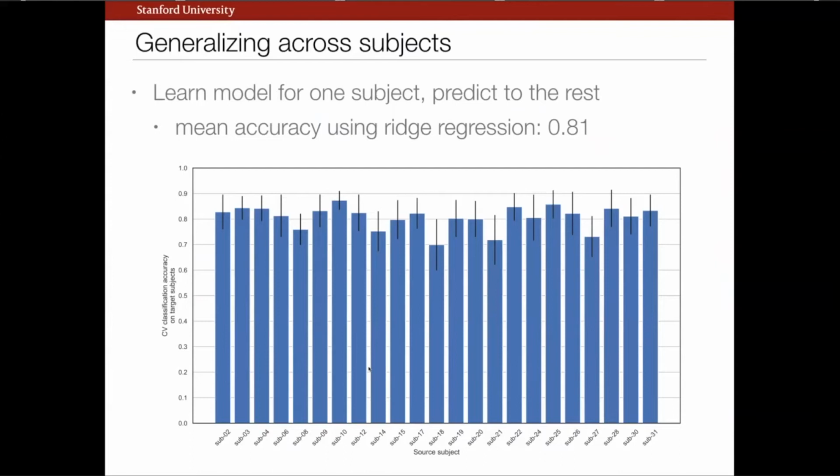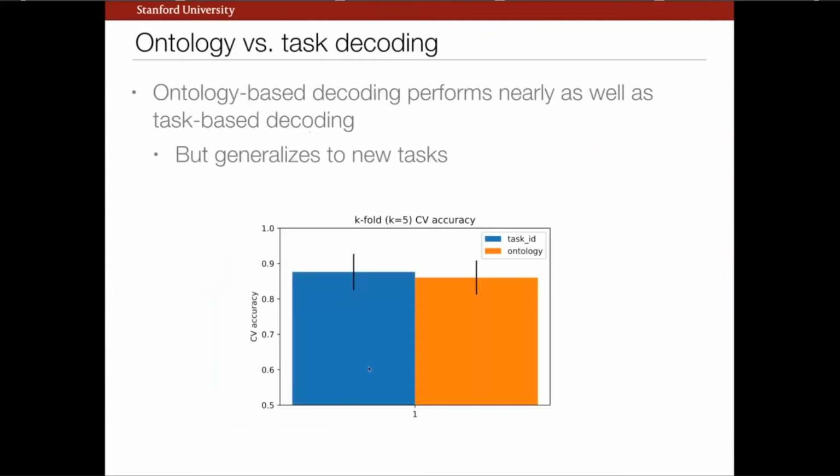Now, another question you might ask is, how well do you do if you just classify by task? So instead of trying to classify these ontology elements, we build a model that just predicts using the average activation pattern for that particular task from other subjects.